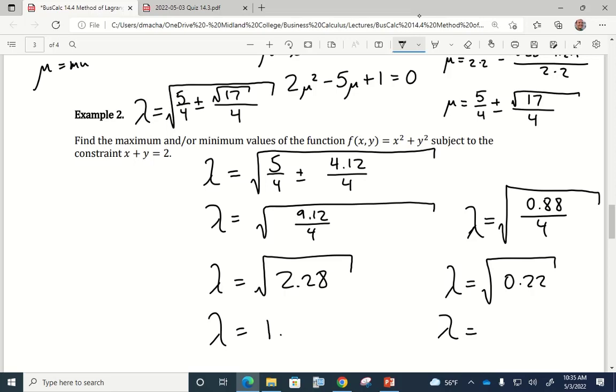Yeah, the square root of 2.28 is approximately 1.5. What about the square root of 0.22?